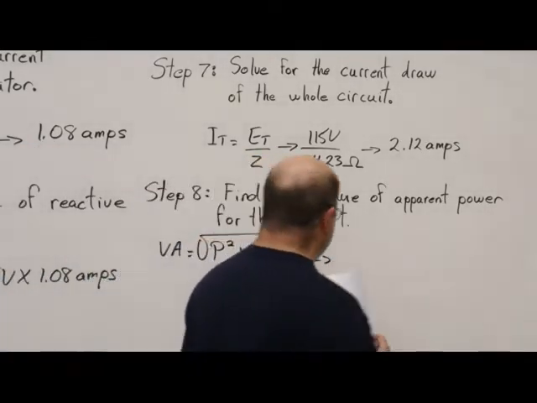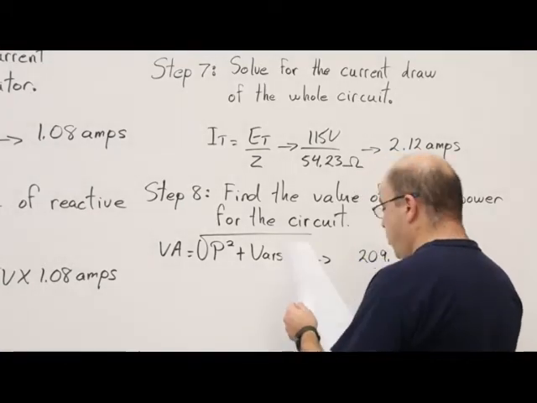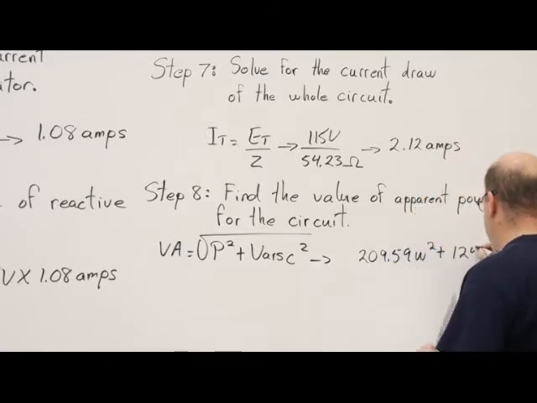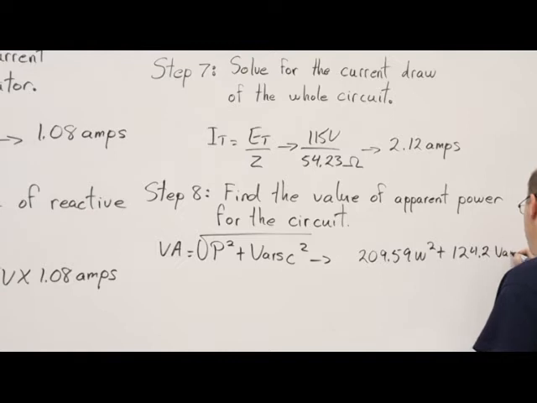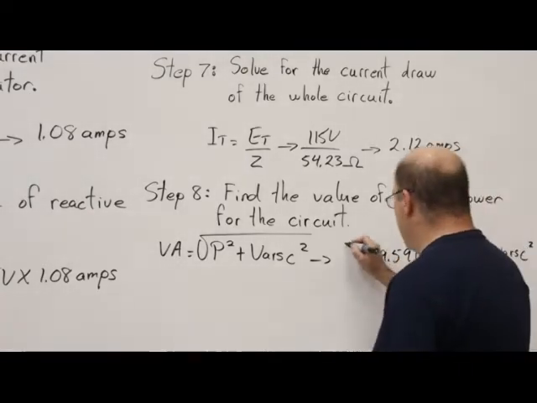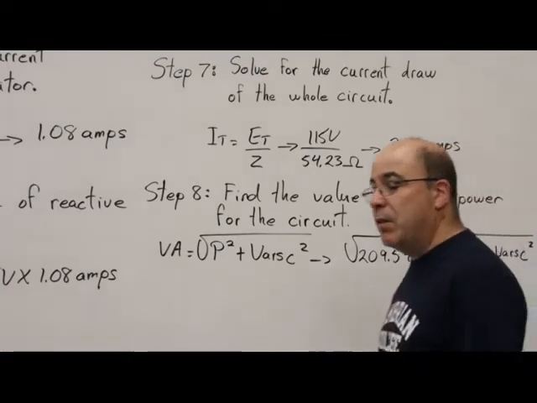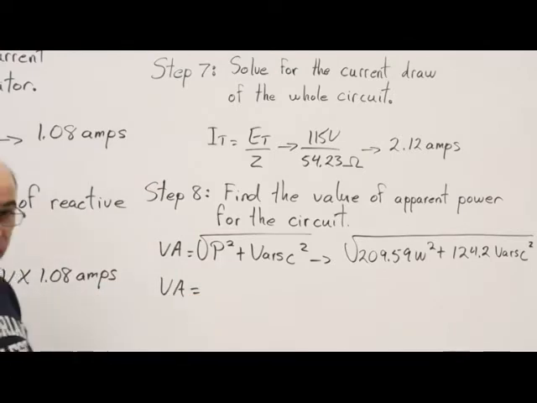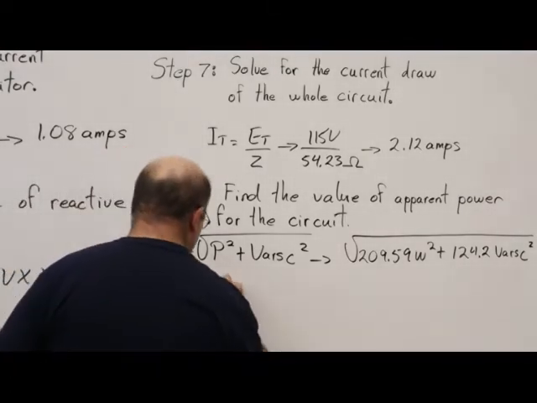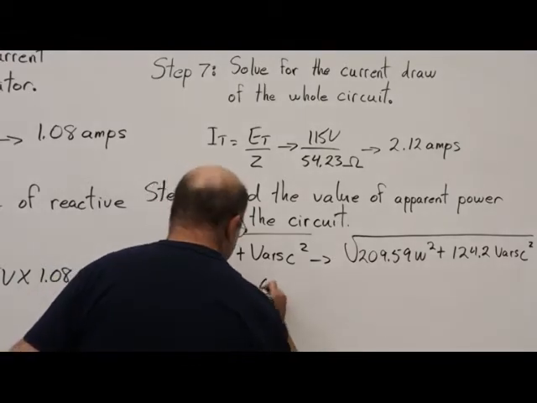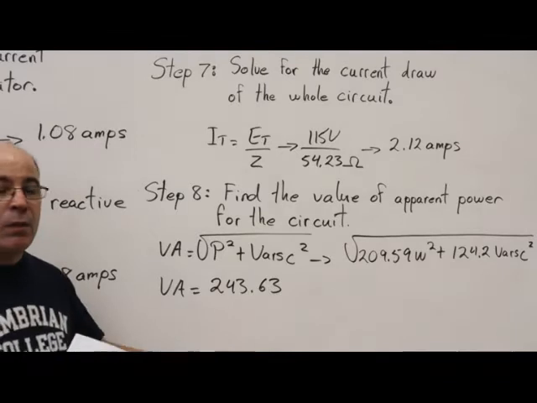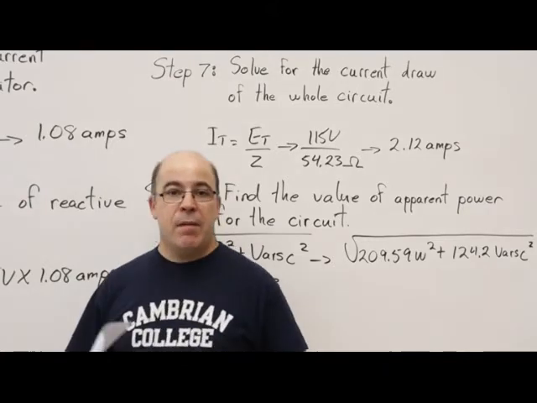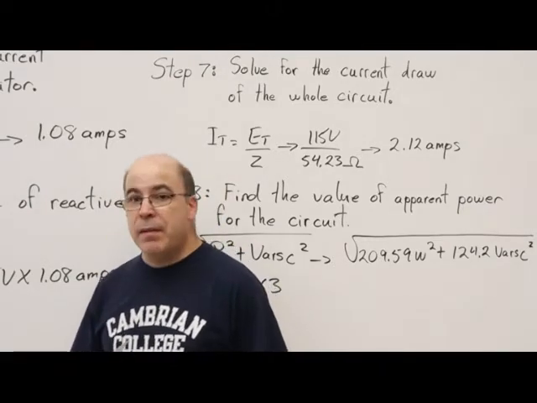We'll input the values we've calculated: 209.59 watts squared plus 124.2 var C squared, can't forget that square root. And once you've executed this calculation in a calculator, you should have for an answer 243.63 VA, which stands for volt amperes. So I'm going to take a walk down, I'm going to input this, and we're going to wrap this up really quickly.